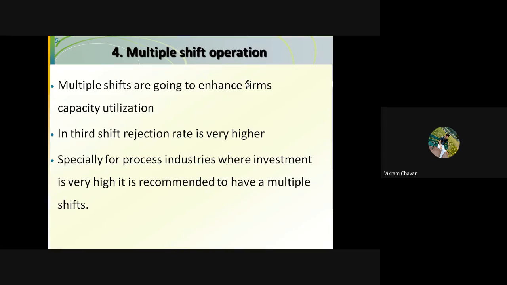Okay. Have you noted the points? Shall we move ahead? Is there any problem, any doubt?